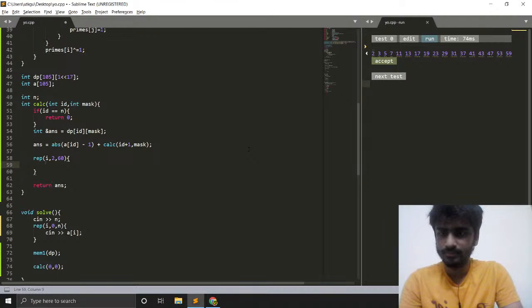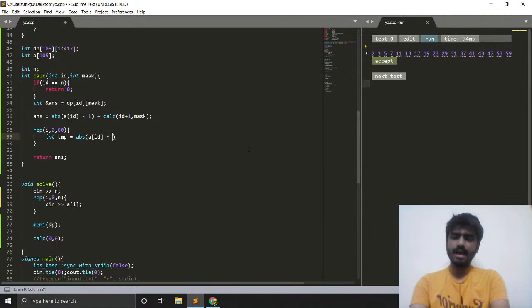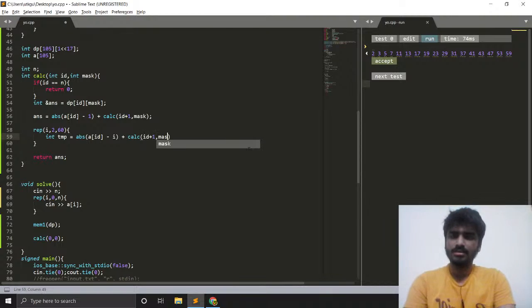So we'll put I here. So the temporary answer will be the absolute value of A of ID minus I. And for the next step, we will have ID plus 1 comma mask, but this mask will change.